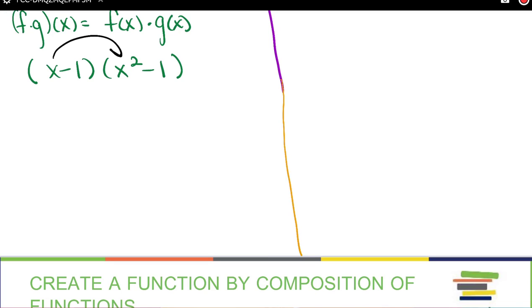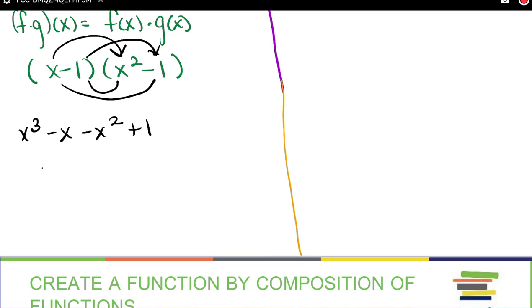So x times x squared is x to the third. x times negative 1 is negative x. Negative 1 times x squared is negative x squared. And negative times a negative is a positive 1. We get x to the third minus x squared minus x plus 1 if you put it in degree order.